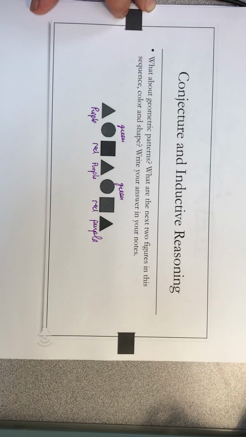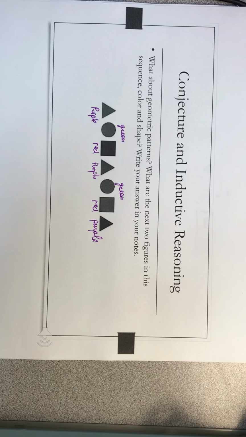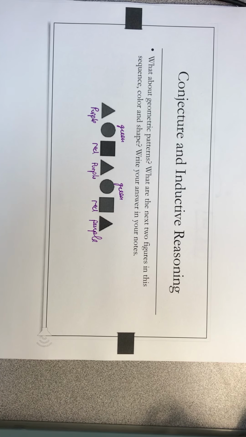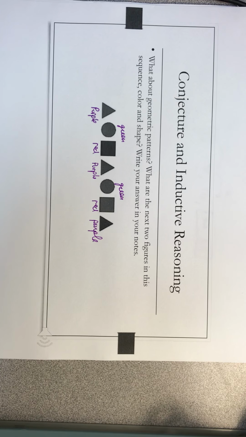What are the next two figures in this sequence? Color and shape. So we have two patterns that we have to discern or observe in this particular case. But it's not that hard, right? It's not that different than things we've done in the past.